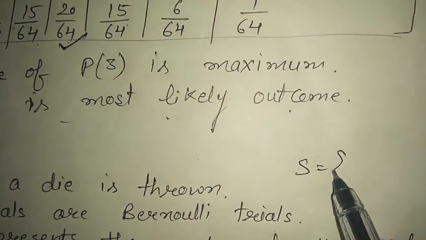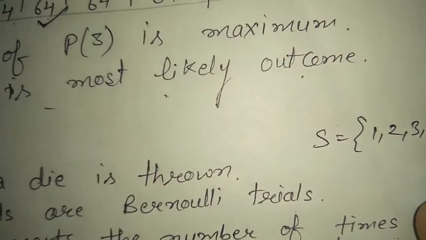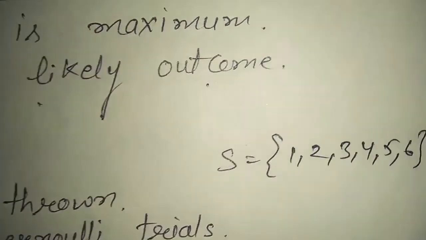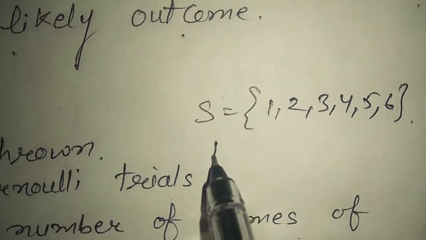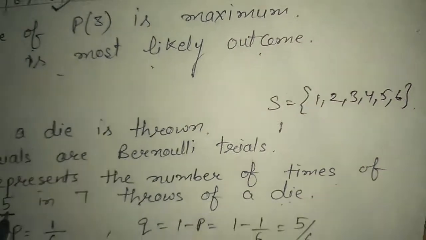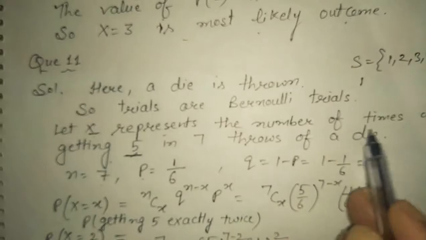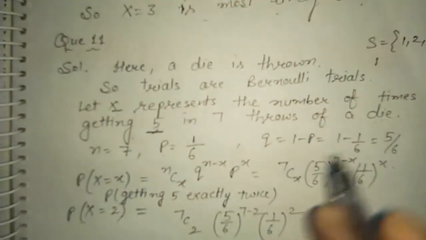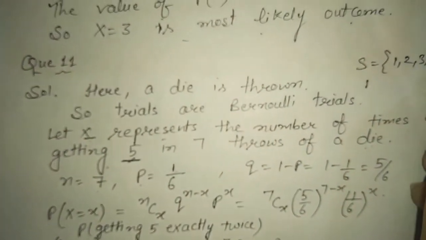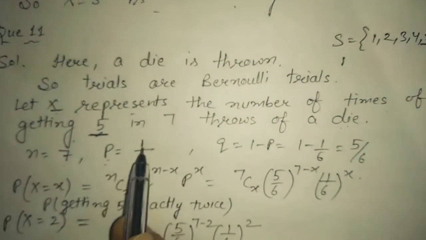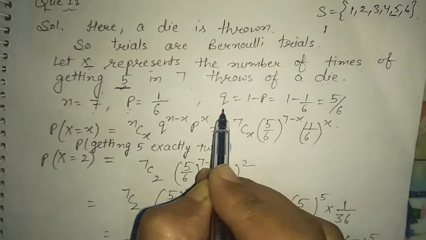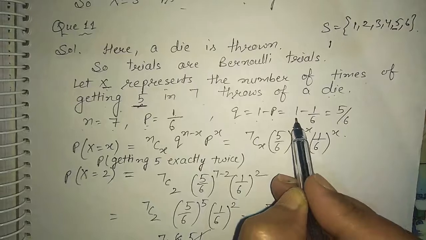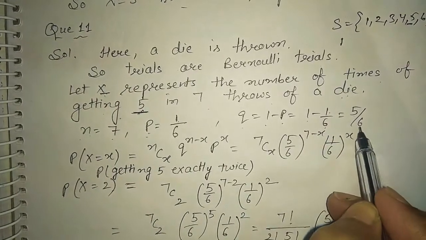Because the sample space is 1, 2, 3, 4, 5, 6, a die is thrown, and x is the number of times of getting 5. So getting 5 is one case here, and total are 6. Then the probability of success is 1 by 6. And q will be 1 minus p, it means 1 minus 1 by 6, which is 5 by 6.